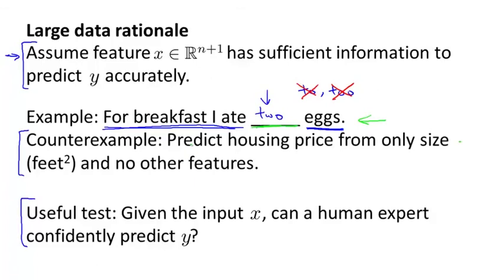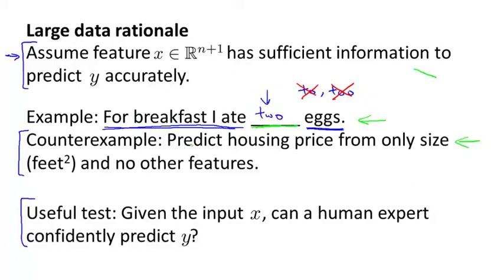But in contrast, if we go to an expert in house prices, like maybe an expert realtor, someone who sells houses for a living, and I just tell them the size of the house, even an expert in pricing or selling houses wouldn't be able to tell me the price. That's a sign that for the housing price example, knowing only the size doesn't give me enough information to predict the price of the house.